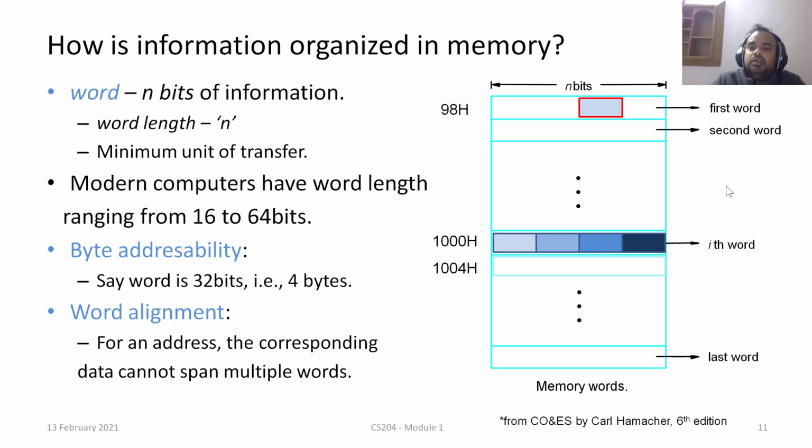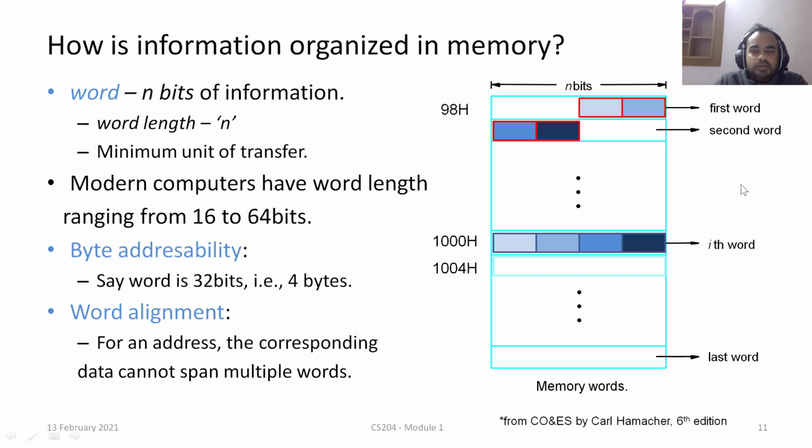Will it respond by sending the byte at the 98th location, 99, 100 and 101? If these 4 bytes were sent from the memory to the processor when the processor is requesting the data at 98h, then we would say that the memory is not following word alignment.